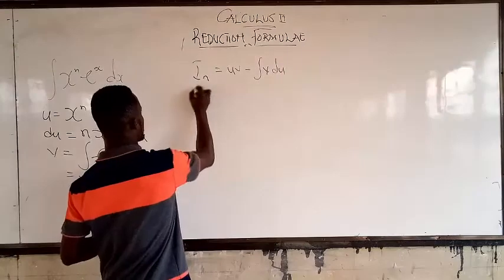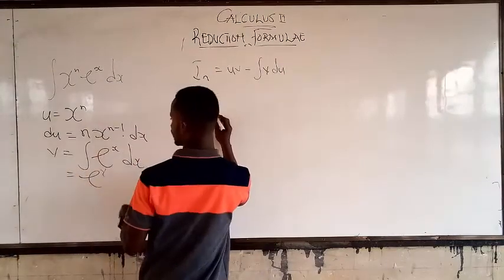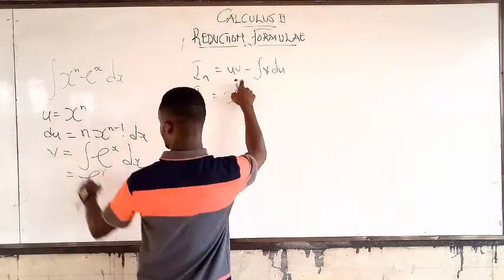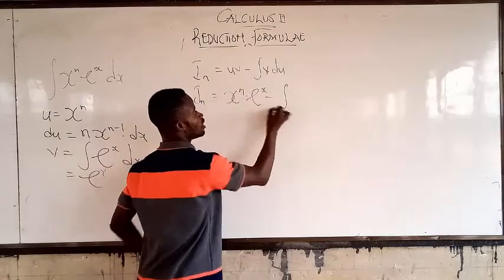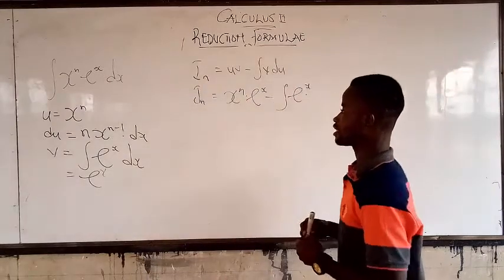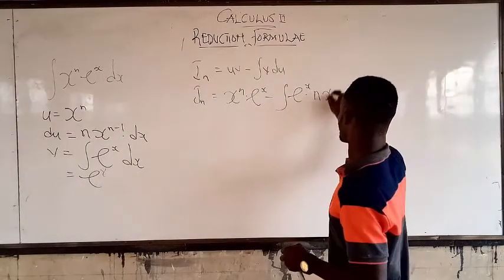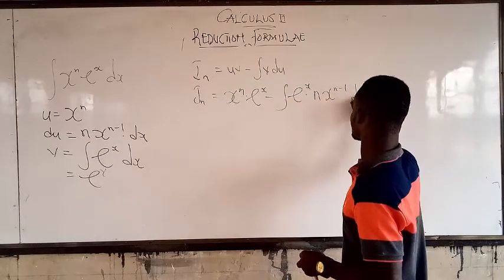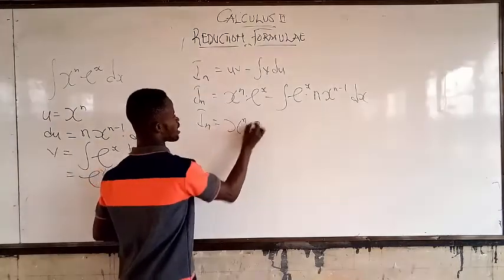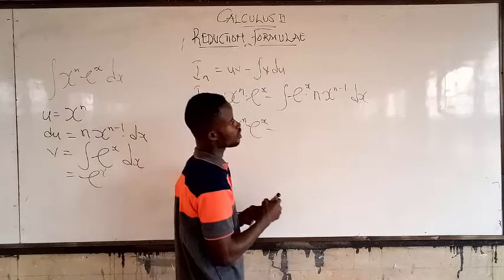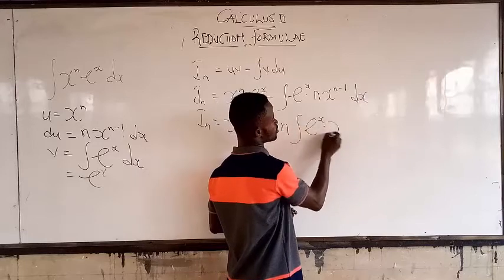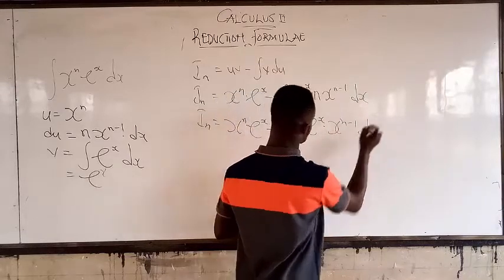So In is equal to u, which is x to the power n, times v, which is e raised to the power x, minus the integral of v du, and the du is n x to the power n minus 1 dx. So In is equal to x to the power n e to the x minus. The constant here is n, times the integral of e raised to the power x x to the power n minus 1 dx.